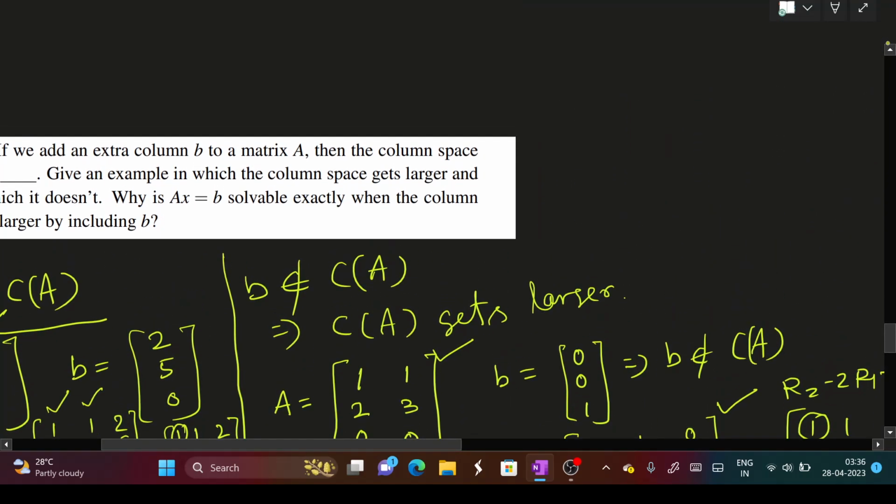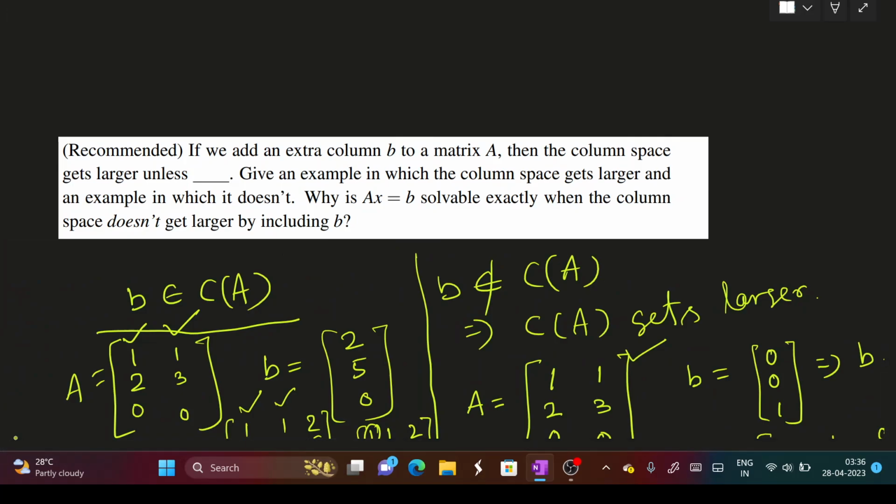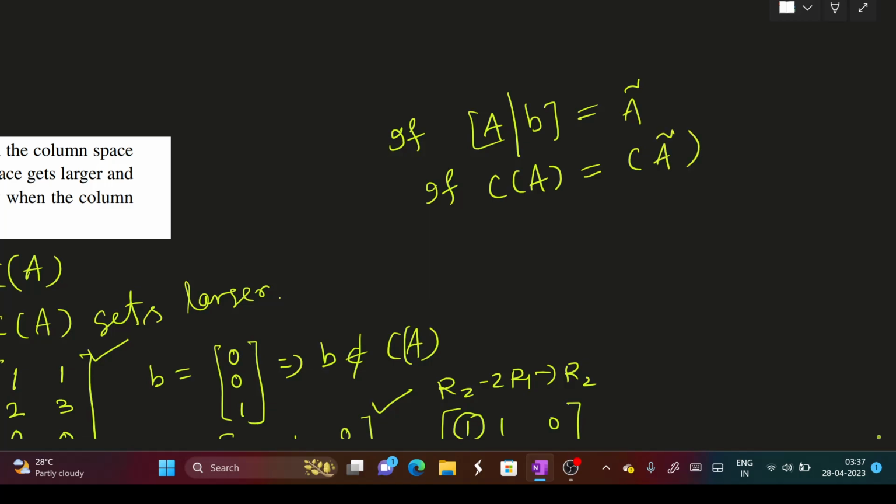What is it telling? The last part of the question is why AX is equal to B is solvable exactly when the column space does not get larger by including B. So here the question is, if A is included with B, this is my new A tilde B. Here if my C of A is equal to C of A tilde, that means what?